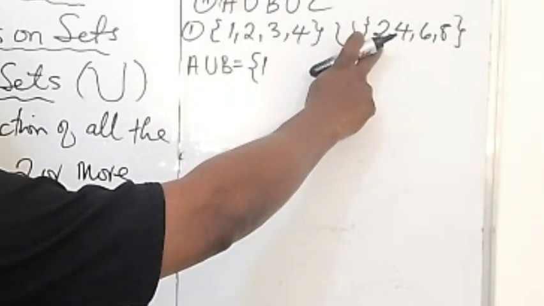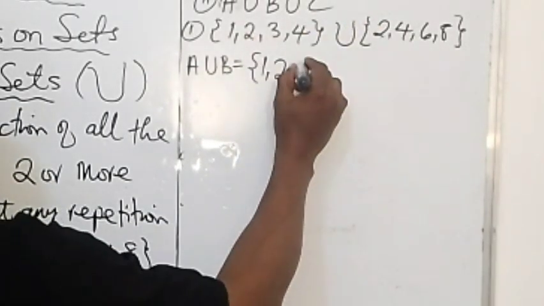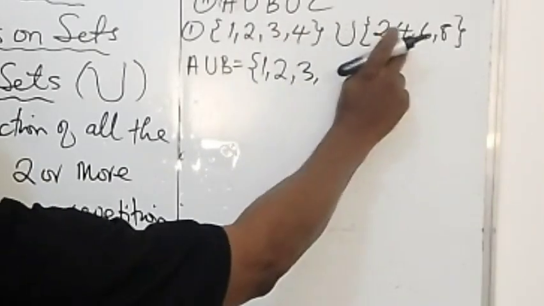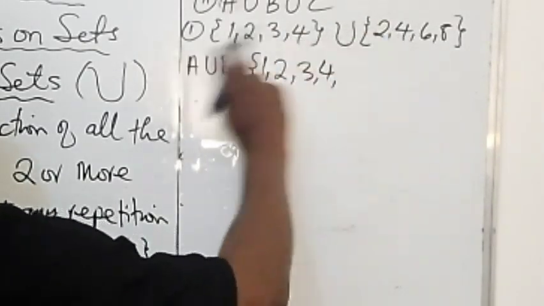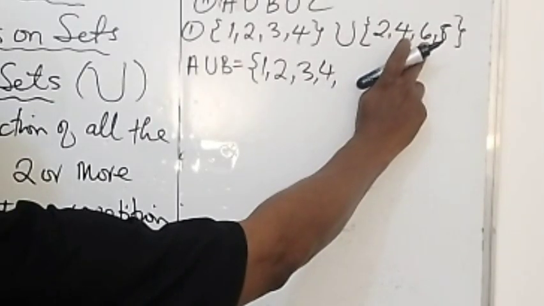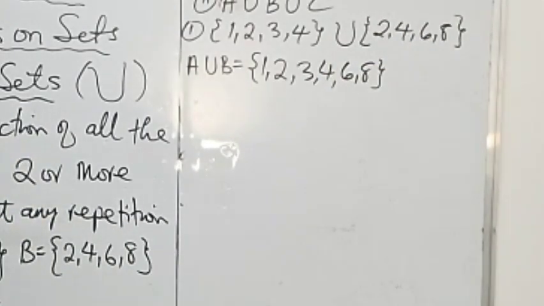We said without repetition, so we'll take only one 2. 3 is here, 3 is not here. We take 3. 4 is here, 4 is here. We still take one of the 4s. This set is gone. Let's check this other set. There's 6 and 8 unused. So this is our A union B.